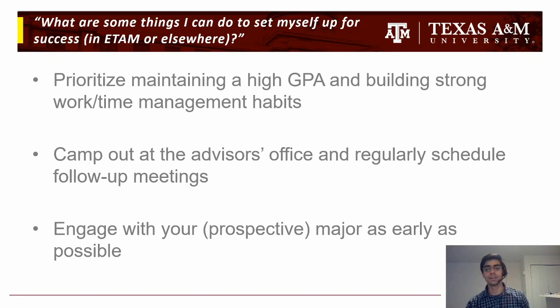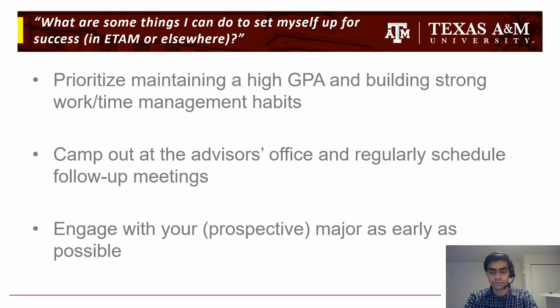And finally, do what you can to engage with whatever your major is as early as possible. So for engineering students specifically, even though you are not technically in whatever major you're vying for, join professional societies, talk to professors. Alongside maximizing your possibility of entering those majors, it also helps you solidify whether that's the major that you really want to enter.